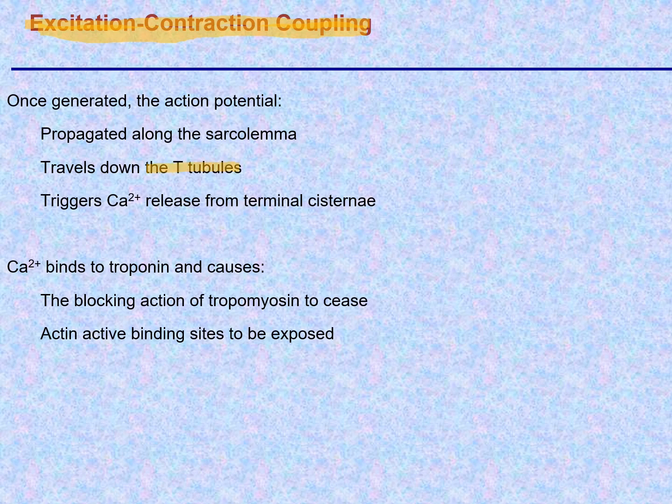And if you recall, the T-tubules come down into the inside of the skeletal muscle fiber along the walls of the different myofibrils that are inside, and it'll trigger calcium release. That action potential going down the T-tubules triggers calcium release from the terminal cisternae of the sarcoplasmic reticulum.